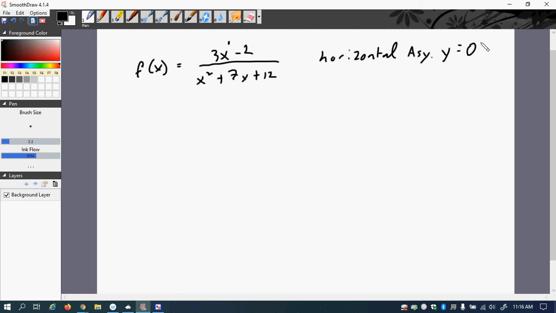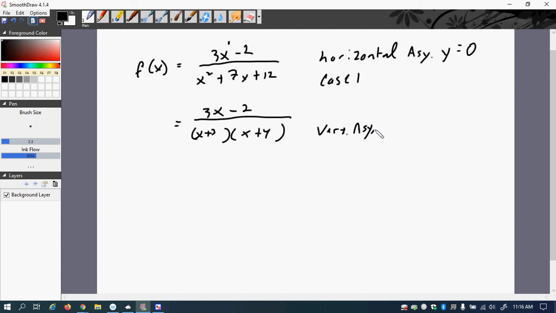This is case 1. Again, we did this in the last video. We broke down the two components, so now I know my vertical asymptotes: x equal to -3 and x equal to -4.